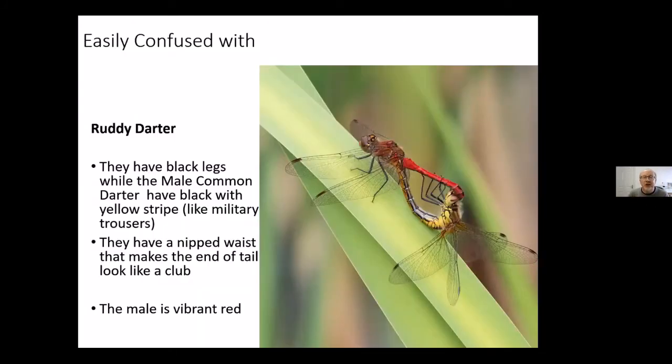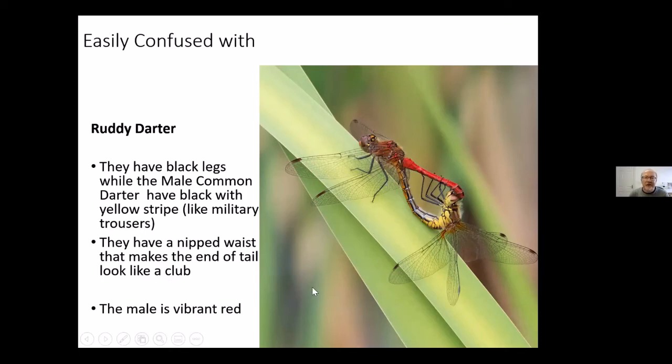But I mentioned that you can confuse the common darter with another species, and that's called the ruddy darter. And the difference is they have completely black legs. So if we look on here, you can see on the legs, there is no white or yellowy white stripe on the side. Completely black legs, red body or yellowy green body, but black legs.